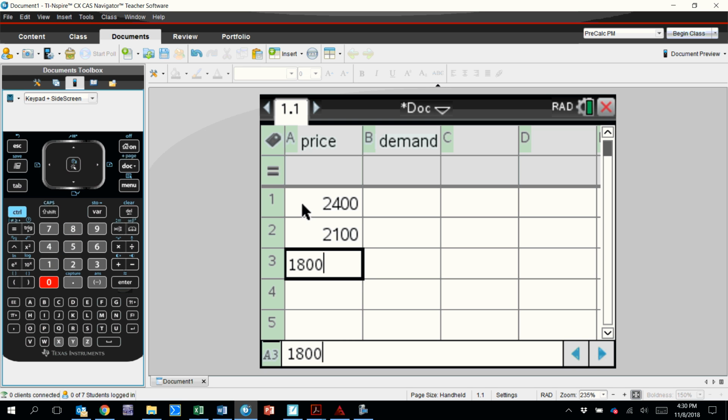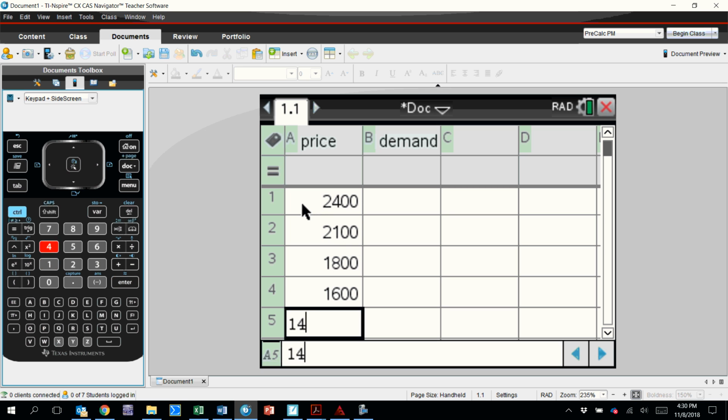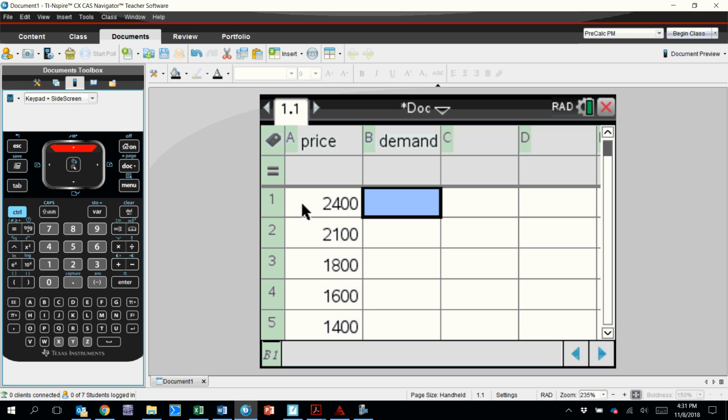So you go ahead, get your calculator out, you can hit pause on the video, and you can type everything in. You really should practice this because this is a big feature that we use a lot on our calculator. So we go to the next column, and we're going to put the demand numbers in.